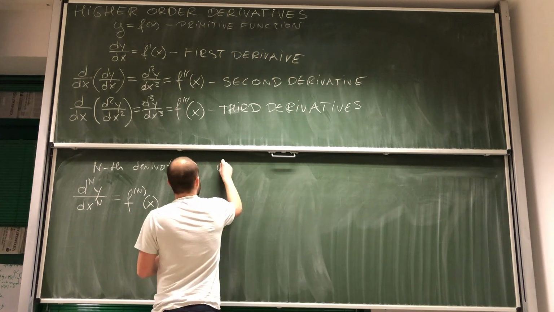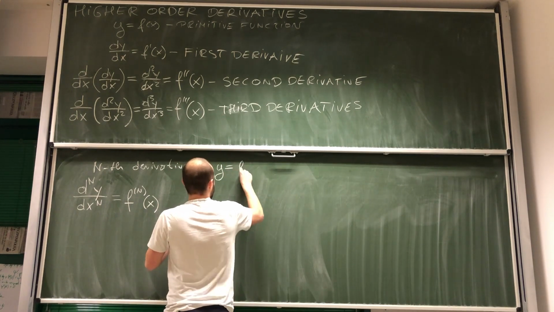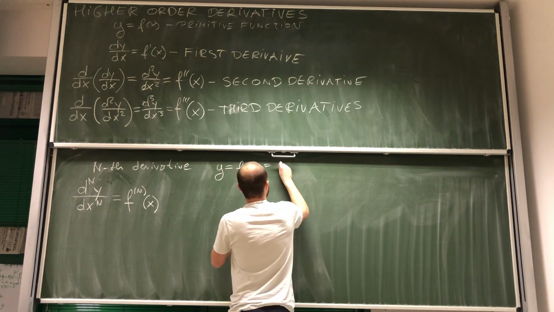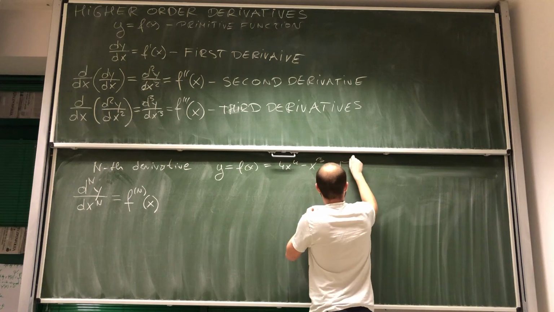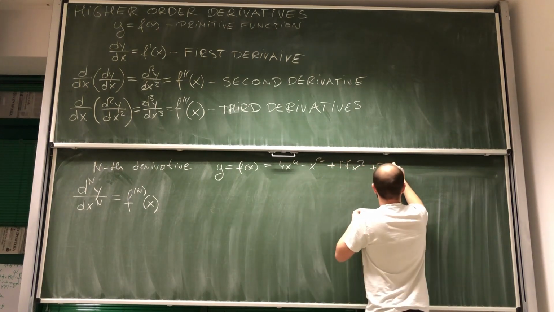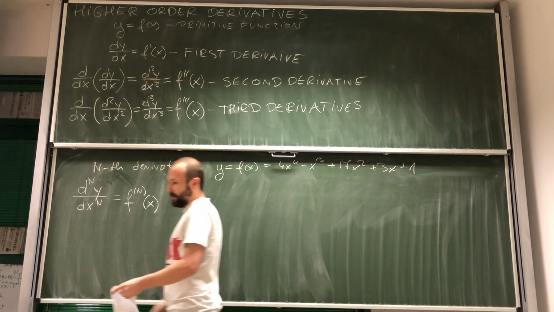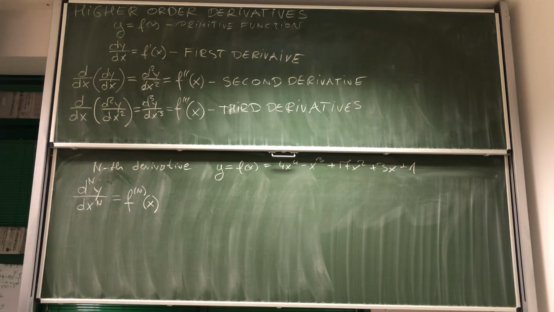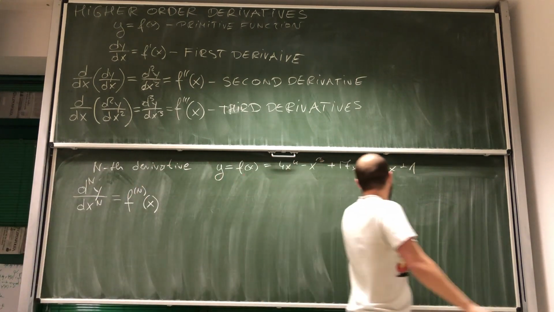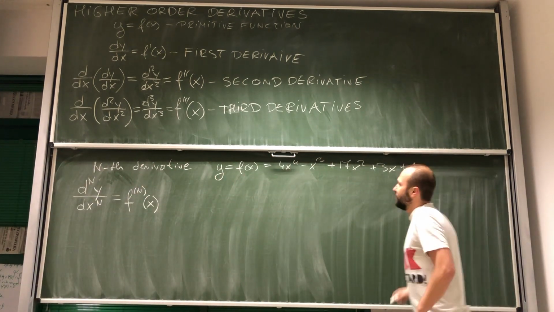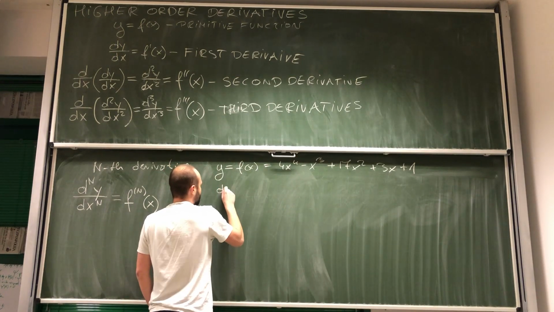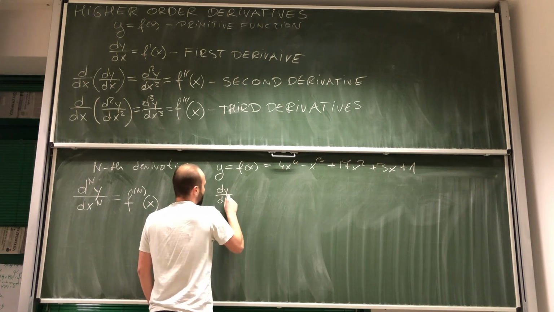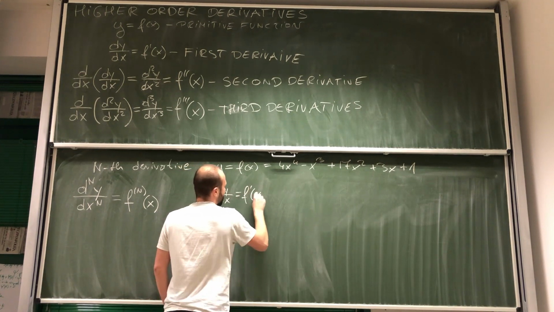Okay, so look, we've got that y is our function f of x. So this is 4 times x to the power of 4 minus x to the power of 3 plus 17x squared plus 3x plus 1. Okay, now let's calculate derivatives of this polynomial function as long as it makes sense to do that. So first, I of course calculate the first derivative. I can write it either as dy dx or as f prime of x.